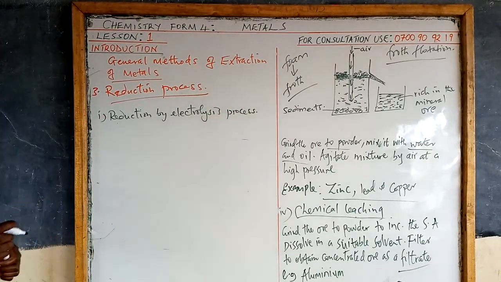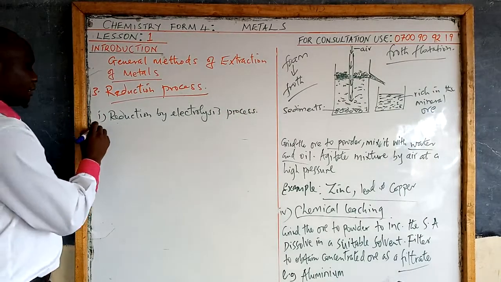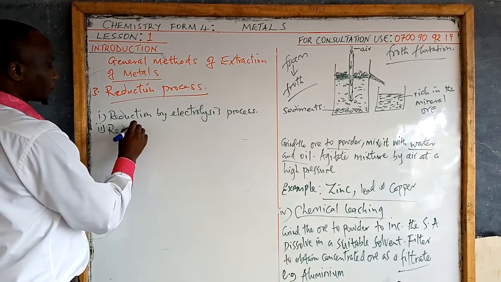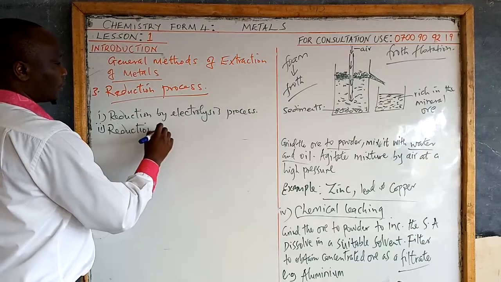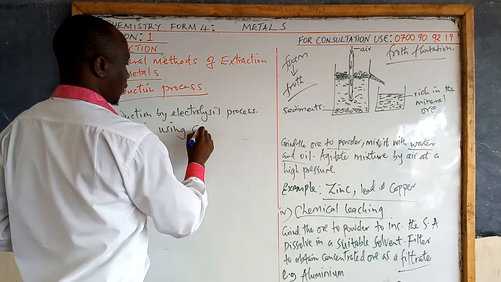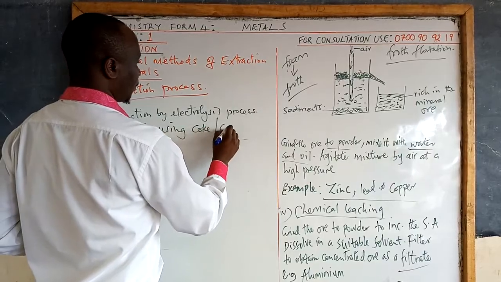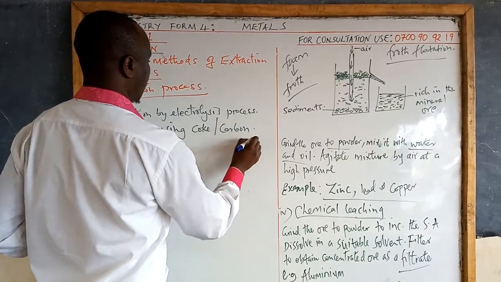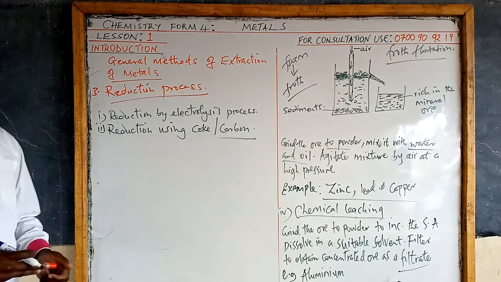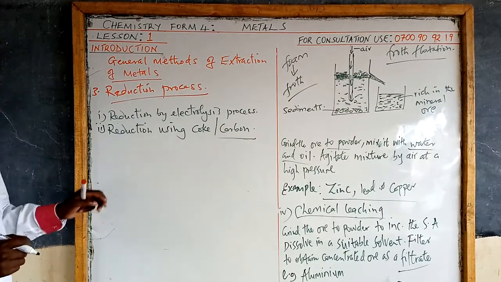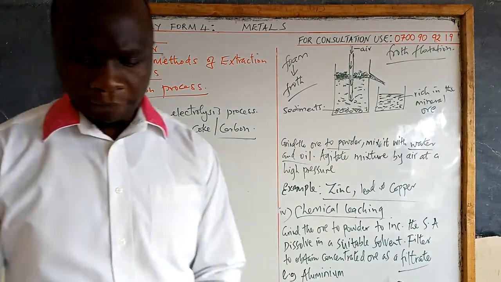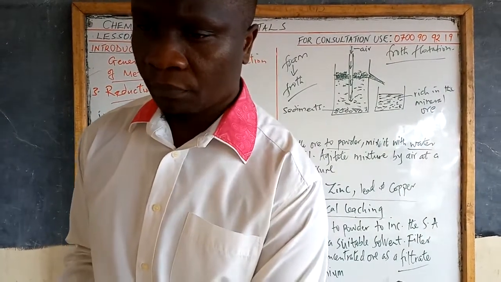Reduction by electrolysis process, and the other method is reduction using coke, or if you like carbon. Now, for you to use this method, there are factors that you consider.